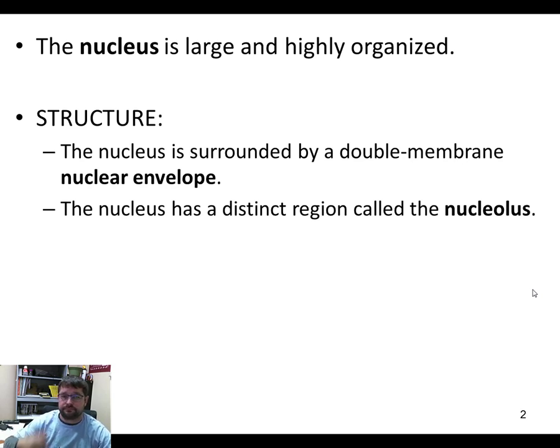Okay? And so membrane-bound, what we're talking about for the nucleus is something we call the nuclear envelope. Okay? So the nucleus, where the DNA is housed in the nucleolus, the region where ribosomes are made, is wrapped around a double membrane, okay, called the nuclear envelope.